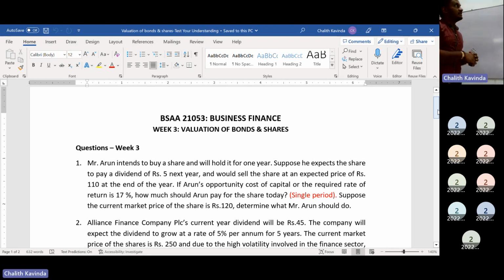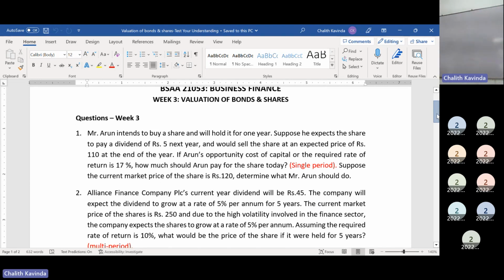So here you could see there's a particular question. We are going to do this entire 12. It says, Mr. Arun intends to buy a share and will hold it for 1 year. Once you read that part, what comes to your mind? Good. Single period valuation.